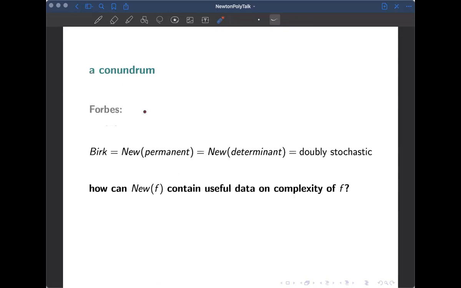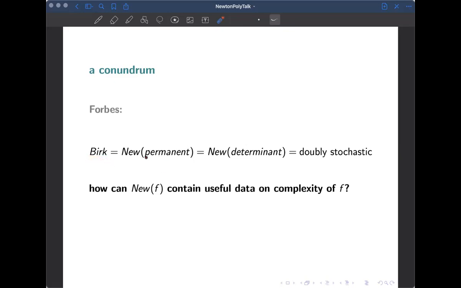But perhaps a less optimistic sign for the program was made by Michael Forbes. He observed that the Newton polytope of the permanent is exactly the same as the Newton polytope of the determinant, because they have the same monomials, just different coefficients. And this polytope is the polytope of doubly stochastic matrices of fixed size, which is also called the Birkhoff polytope.